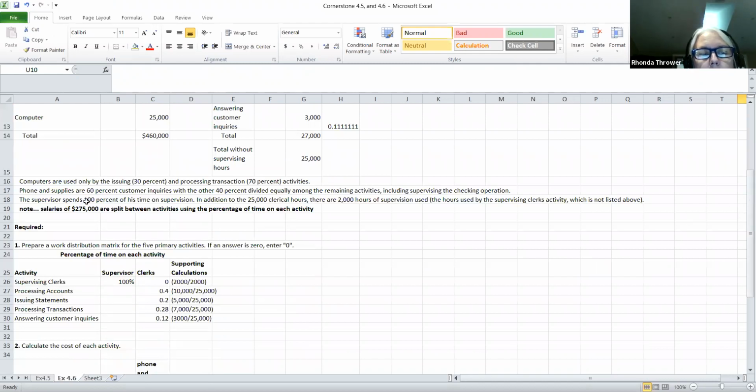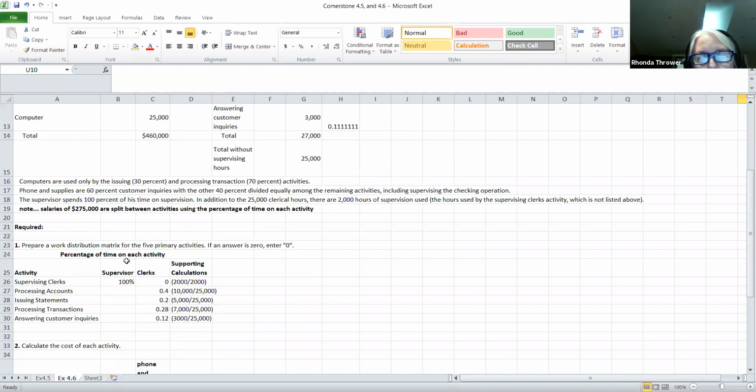Now, they're telling you that the supervisor spends 100% of his time on supervision. But in addition to the 25,000 clerical hours, there are 2,000 hours of supervision that are used.